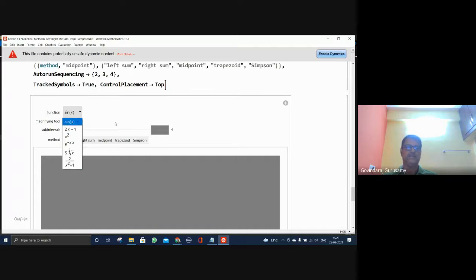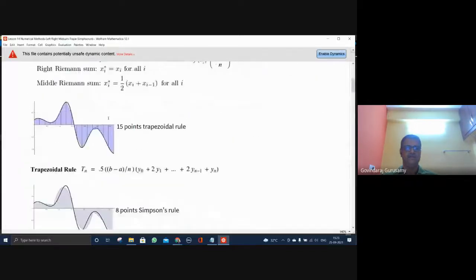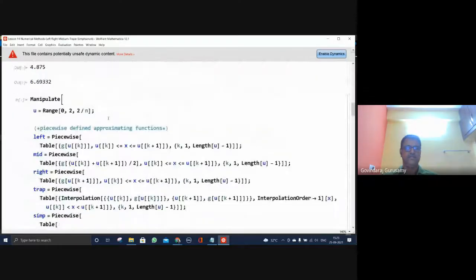You can add some more functions or replace some. Okay. Then you have the methods left sum, right sum, midpoint, trapezoid, and Simpson. Here is a simple curve, or a simple program that has been made by manipulating this.